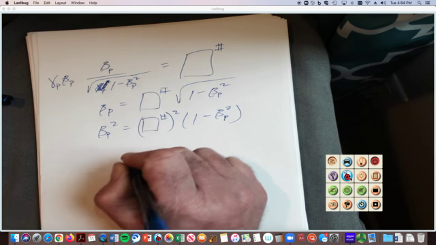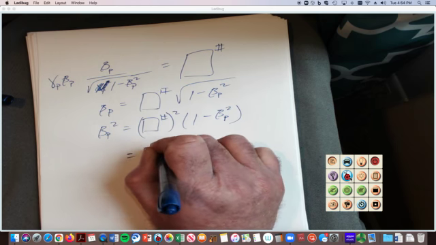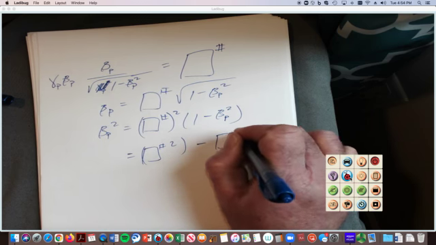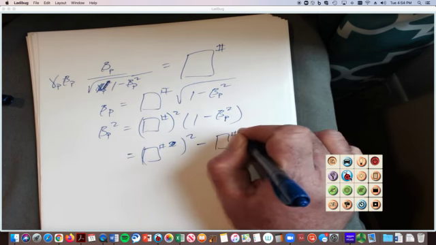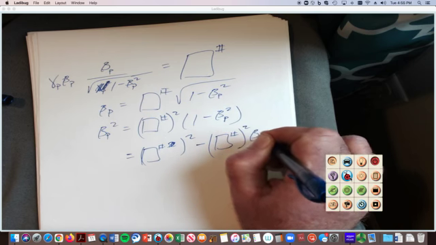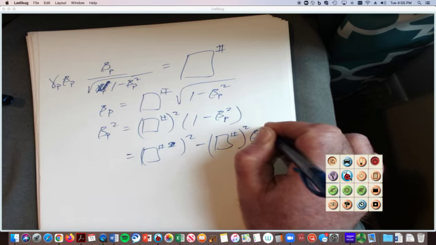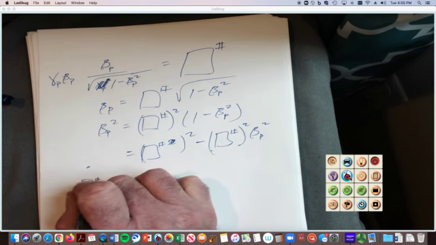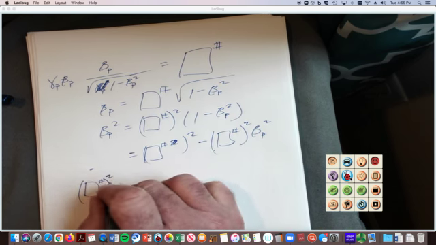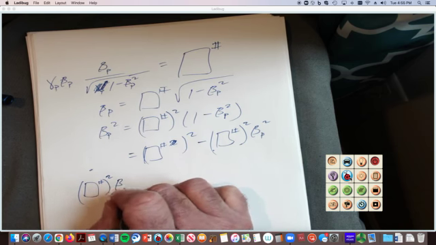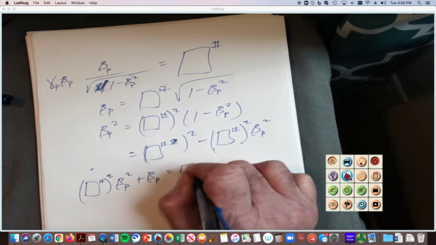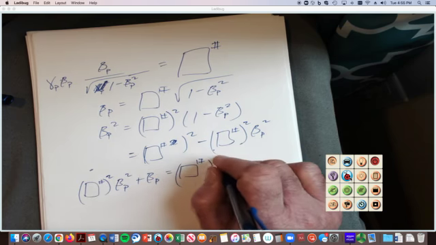All right, so here we go. We're going to take this number squared times 1 minus beta P squared, and distribute it, that number squared times beta P squared. We're going to add that over here. So we come up with that number squared times beta P squared plus beta P squared is equal to that number squared.